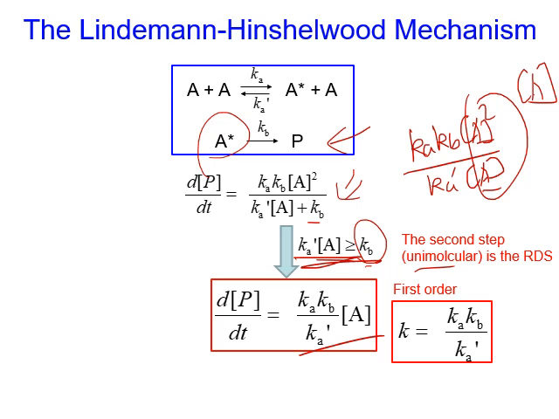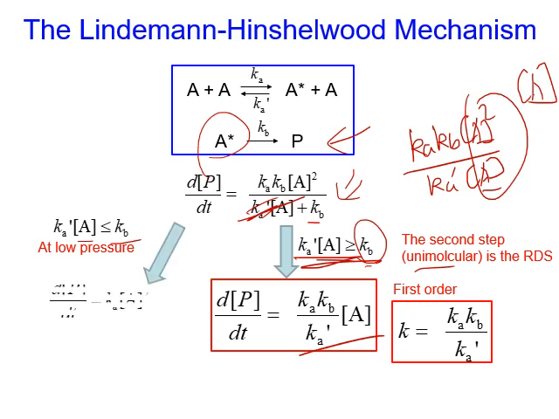On the other hand, when the pressure is low, then Ka prime times A may be smaller than Kb. In this case, Ka prime times A in the denominator can be omitted, because that's a small number, and therefore this leads to a second order reaction. When Ka prime times A is smaller than Kb, that means the first step is slow, which is the rate determining step.